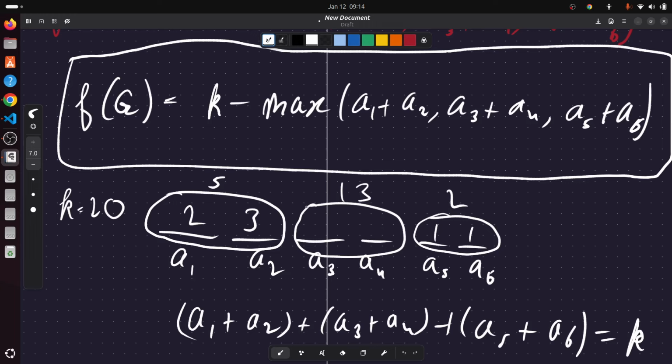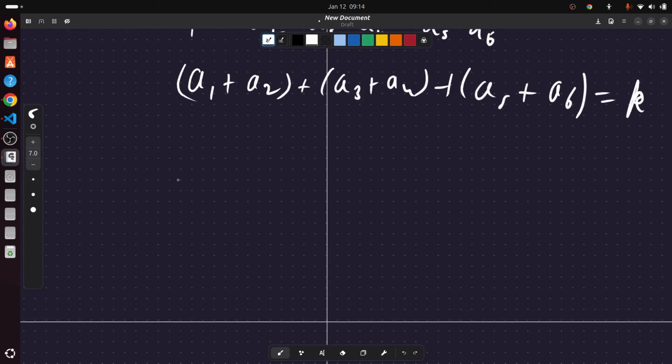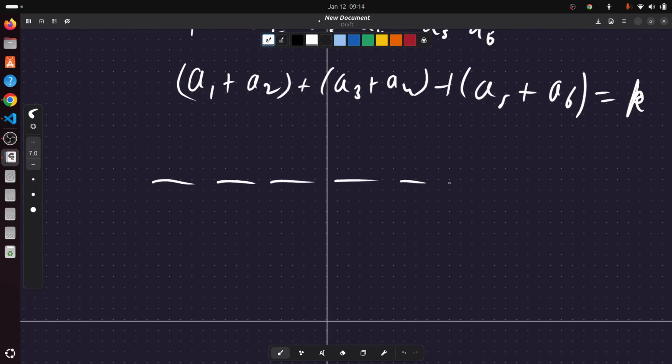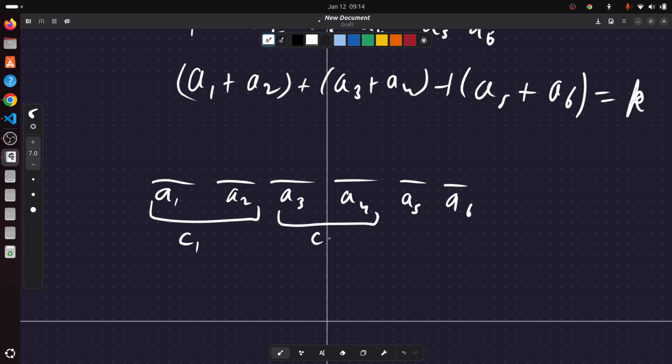I just have to iterate over the sum of a1 comma a2. Let's say my sum of a1 comma a2 is some c1. This is A1, A2, A3, A4, A5 and A6. So let's say A1 plus A2 is some C1, this is some C2 and this is some C3.